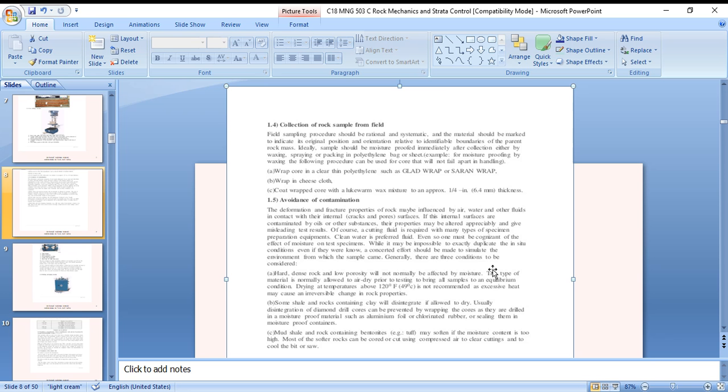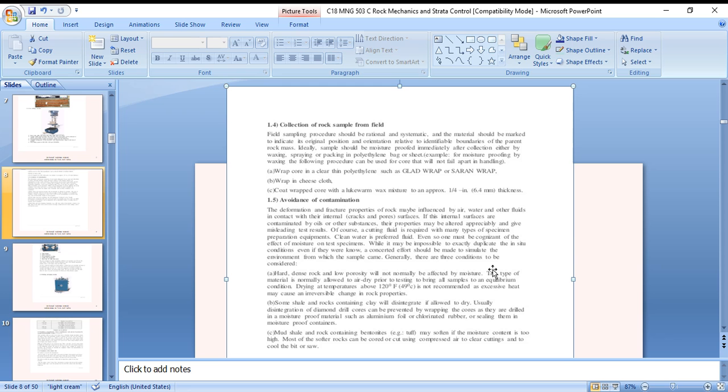Some shale and rock containing clay will disintegrate if allowed to dry. Disintegration of diamond drill cores can be prevented by wrapping the core as it is drilled in moisture proof material such as aluminum foil, or by sealing them in a moisture proof container.